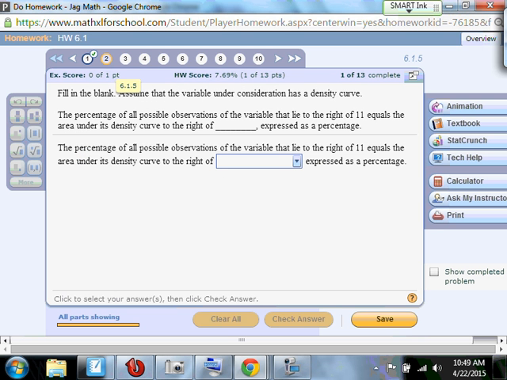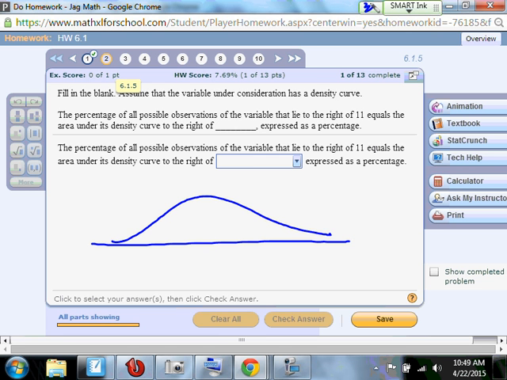Fill in the blank. It's the percentage of all possible observations of the variable that lie to the right of 11. Where are they getting 11? Equals the area under its density curve to the right of something. So what they're saying here is you've got this curve. Here's this horizontal axis.